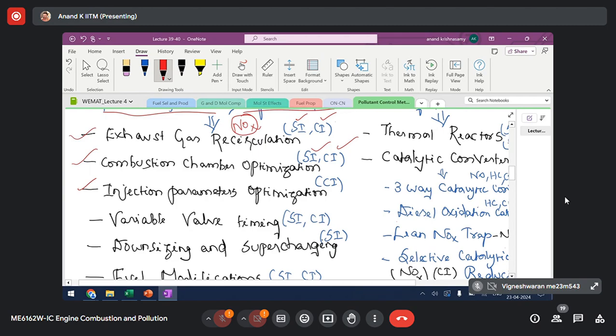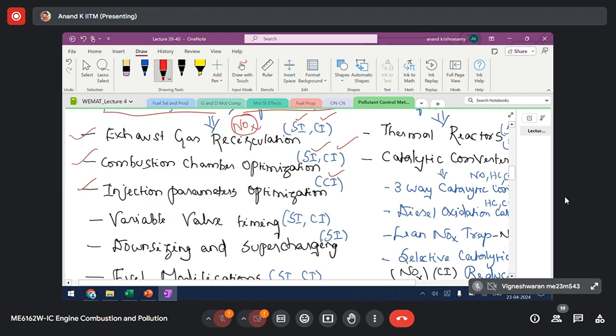Third one is operating variable, injection parameter optimization, and this is applicable only for CI engine, not for SI engine. In SI engine, injection parameters do not have any significant role in controlling primary pollutants, whereas in CI, they have a significant effect. When I talk about injection parameters, if you recollect, we have already discussed injection timing and injection pressure.